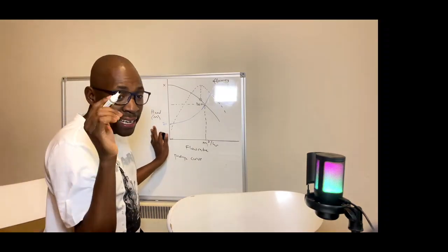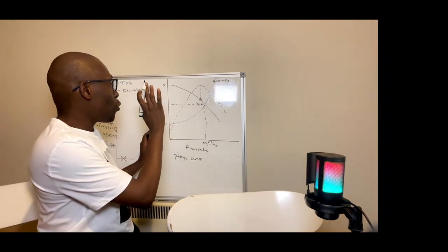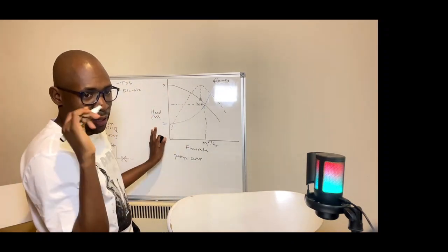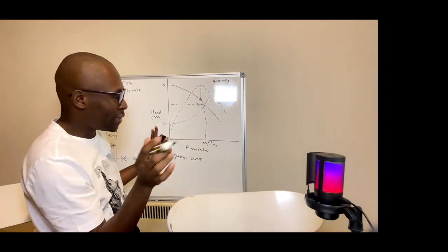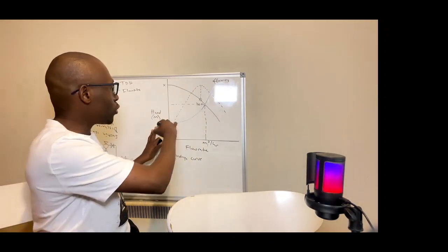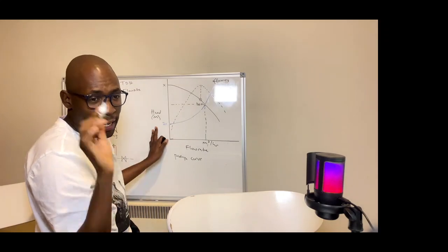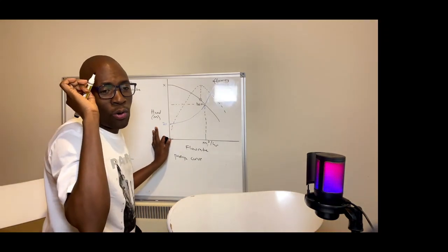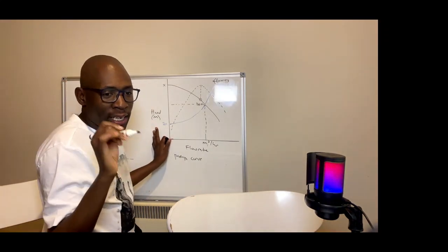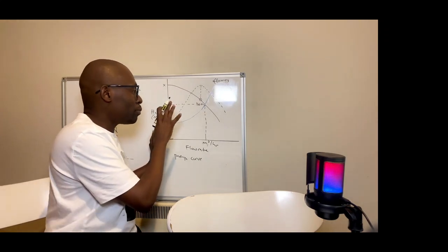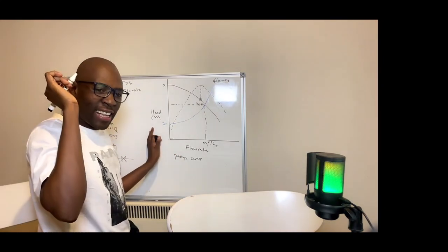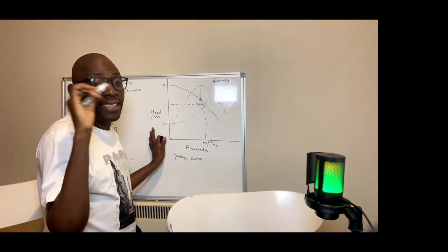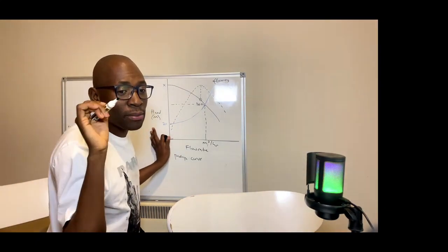Okay, now we have the pump curve provided by the manufacturer. You have the efficiency curve, which is also provided by the manufacturer. So you've got your best efficiency point. Now, at what point do you start to put your things there? The next thing is called the system curve.